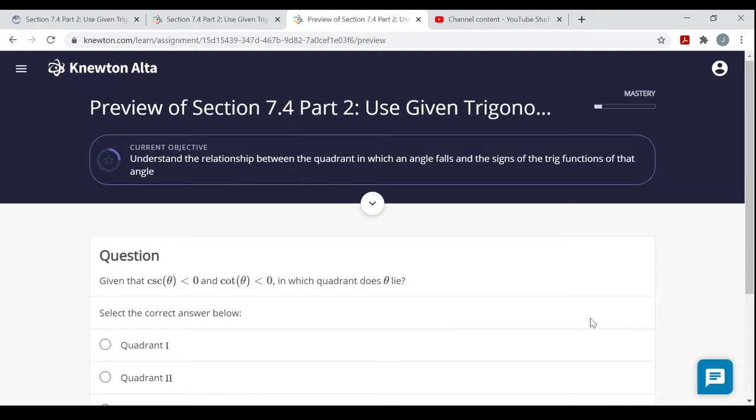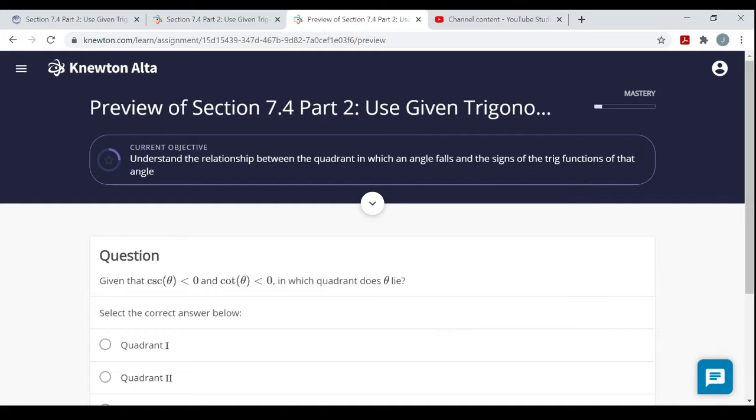Same kind of question. The cosecant of an angle theta is negative. Now remember, if the cosecant is negative, that means the sine is also negative, right? The reciprocal of cosecant. And if the sine is negative, that means your y coordinates are negative. And then it says the cotangent of the angle is also negative. Now remember, cotangent and tangent will be negative in the same quadrants, and we just saw that was quadrants 2 and 4.